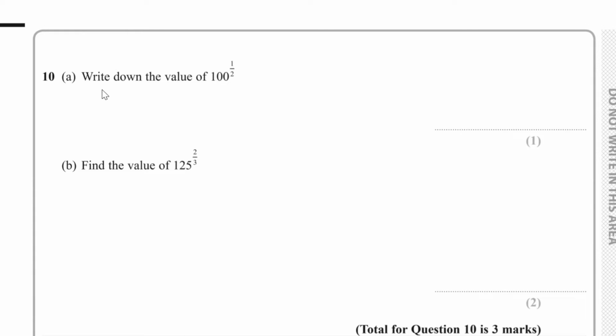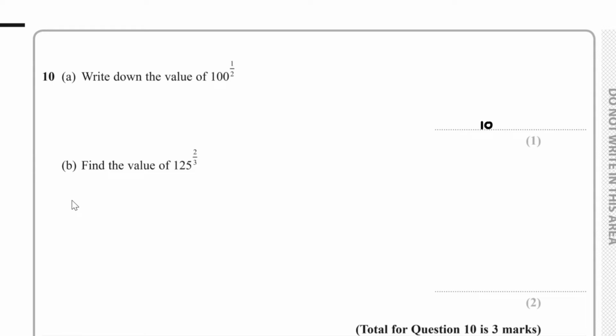Question 10. For part A, we have to write down the value of 100 to the power of a half. Well, this is the same as taking the positive square root of 100, which is 10. Now for part B, we have to find the value of 125 to the power of 2/3.